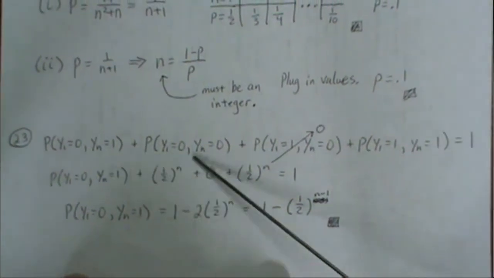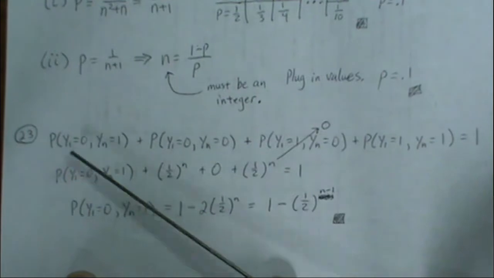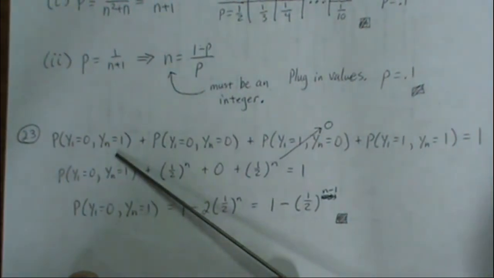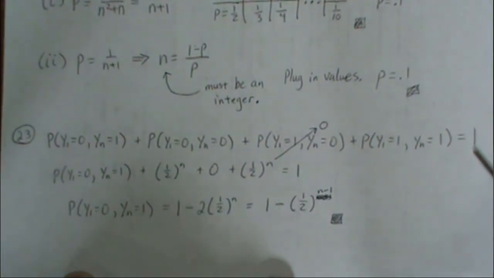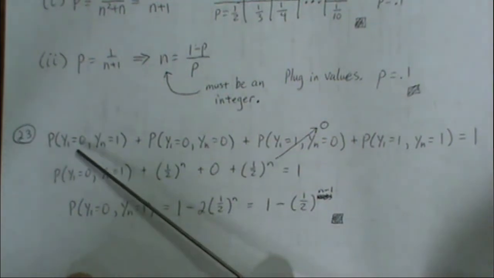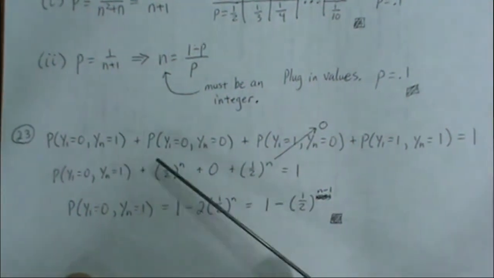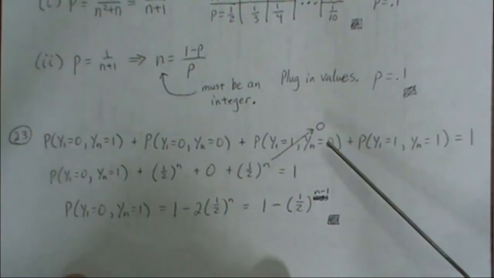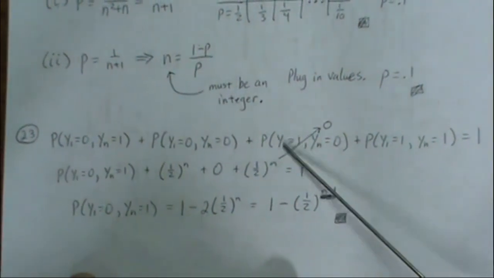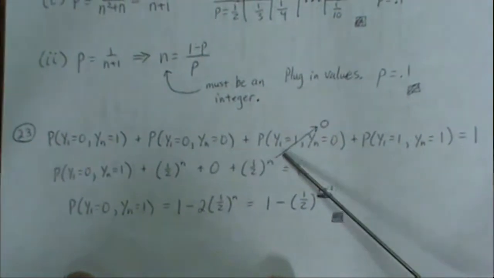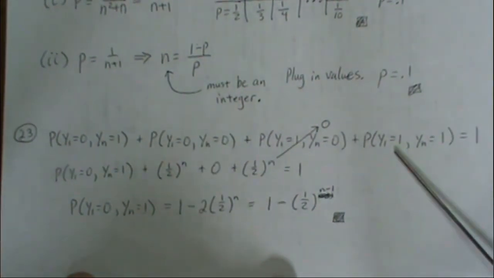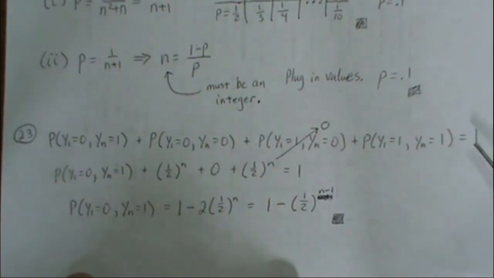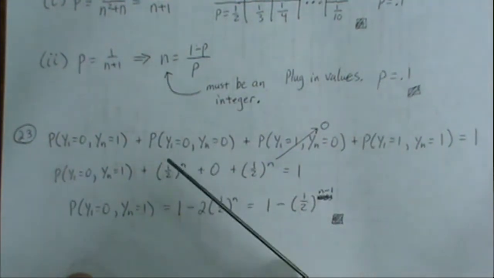So if we look at all the possibilities that Y1 and Yn can take on, that sample space has to sum to 1. Y1 0 and Yn 1, both of them 0, Y1 1 and Yn 0. Well, the minimum can't be bigger than the maximum, so that is 0, and both of them being 1. So this equals 1.